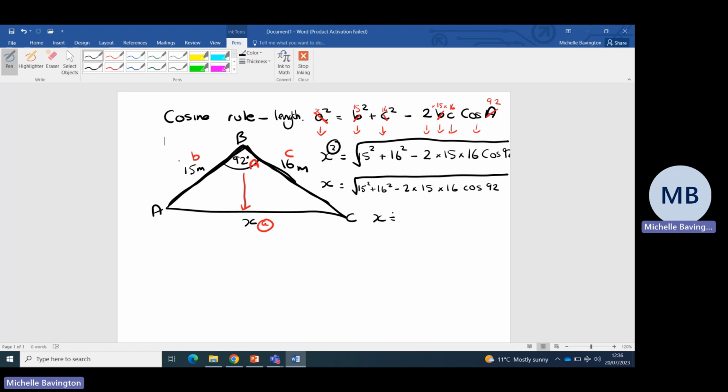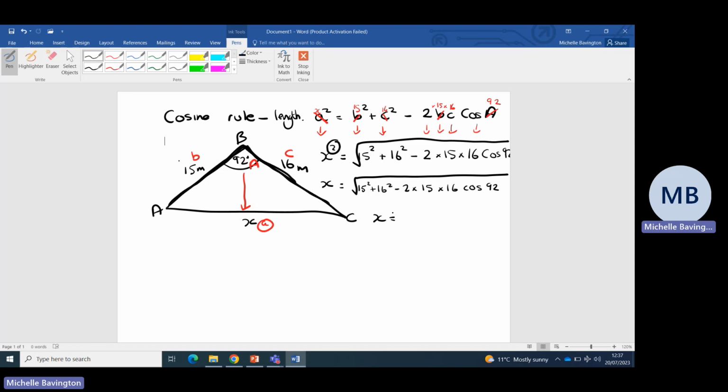Brackets, 15 squared, plus 16 squared, minus 2 times 15 times 16 cos 92. That's better. Sorry about that.